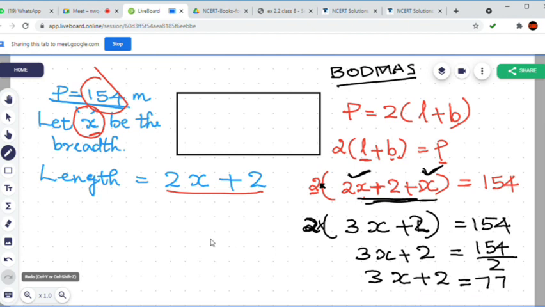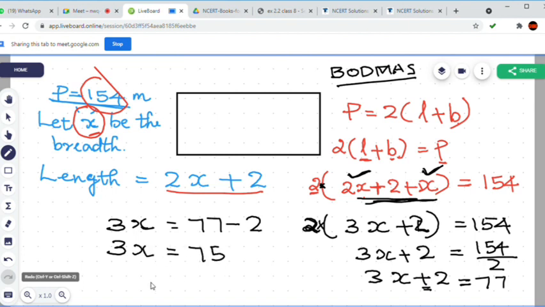So the next step is 3x equal to, so what will we write as the next step? 3x equal to 77 minus 2, because here it is addition. We changed this addition to subtraction. That is 3x equal to 77 minus 2, that is 75.